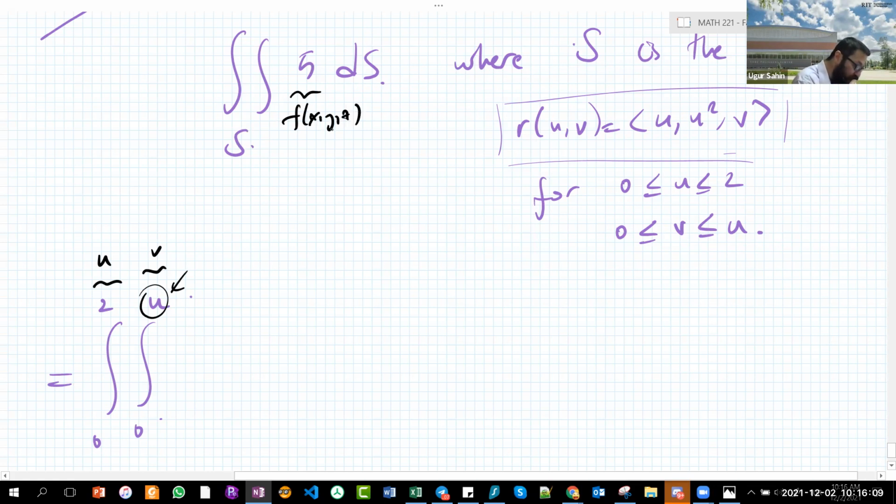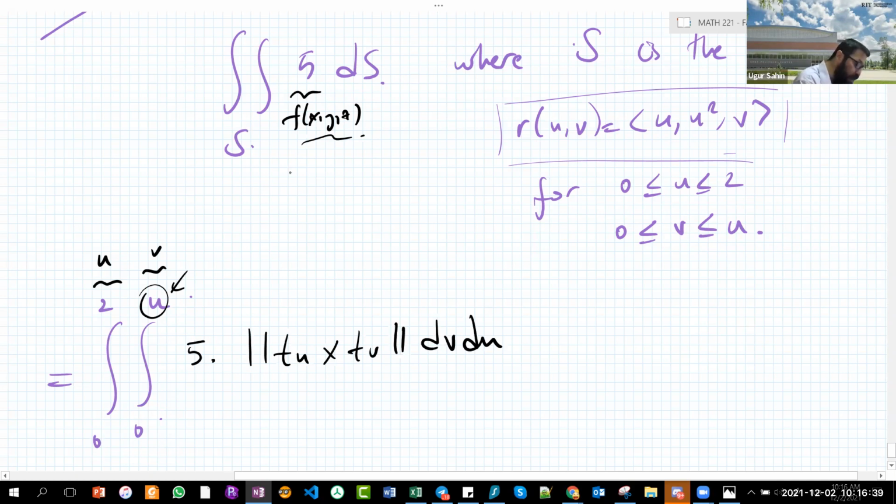Normally, I should use the parametrization in my function, but it doesn't matter for this example, since the function itself is constant. So the rest is the length of the cross product of r_u times r_v, and it is going to be dv du.